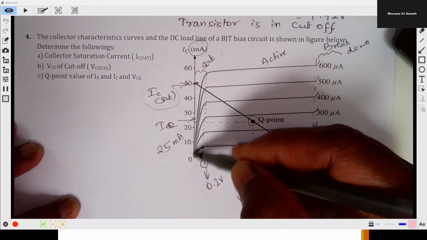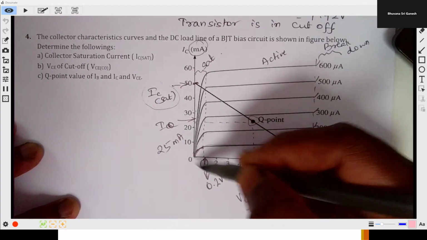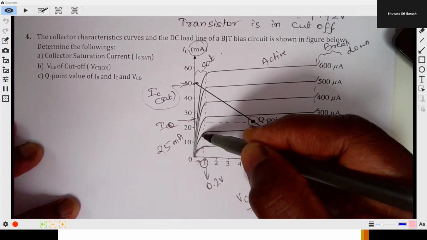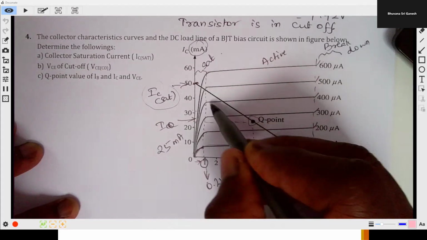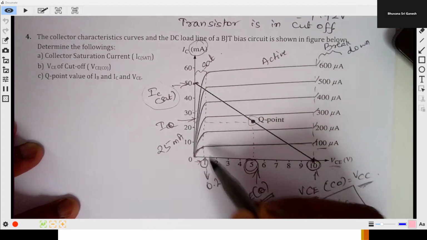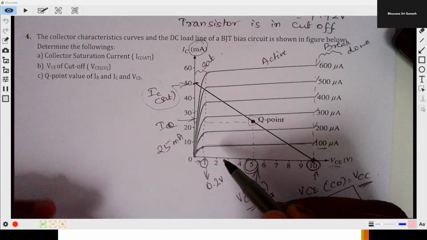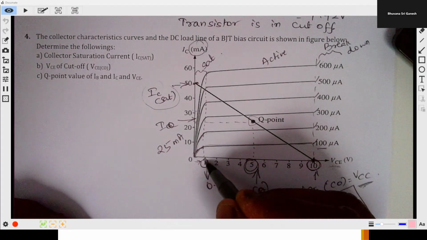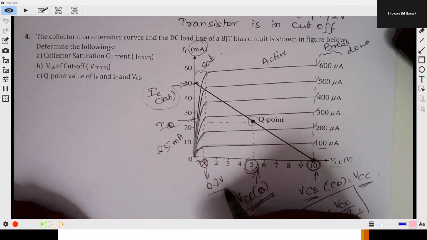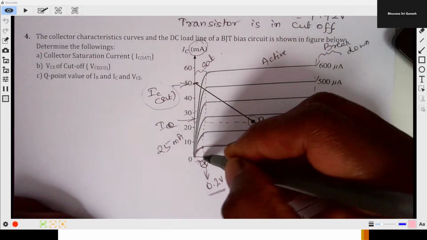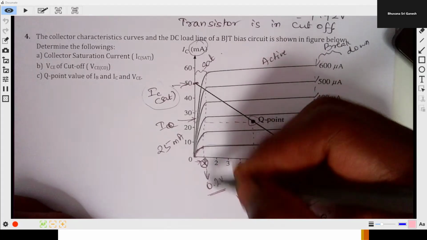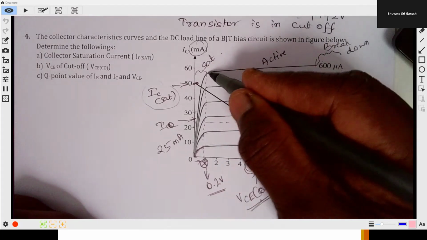In every curve, the VCE is increasing and IC is increasing, up to here. After that the curve is saturating, getting constant. IC is not increasing. So this is not 1, but 0.2 volts, right? So from 0 to 0.2 this change is possible. So this is the saturation region of the transistor.